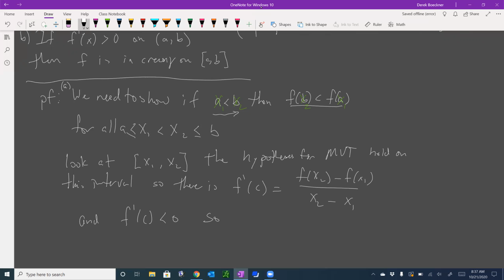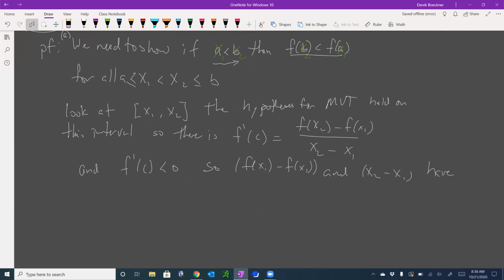So f of x2 minus f of x1 over x2 minus x1, these two things have opposite signs. Right?